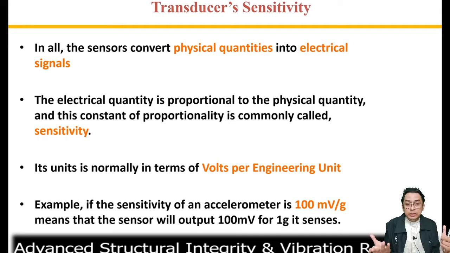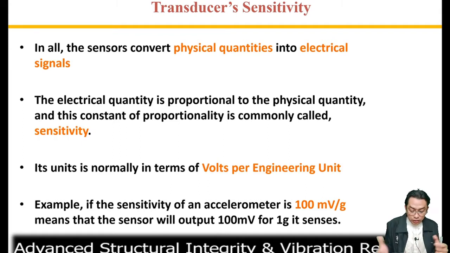Any engineering unit: for an accelerometer it is acceleration, or G. For the thermocouple, we have temperature units, for example, Kelvin, degree C, and any that relate to temperature. The same goes for other sensors that give us information about the engineering or physical quantity.